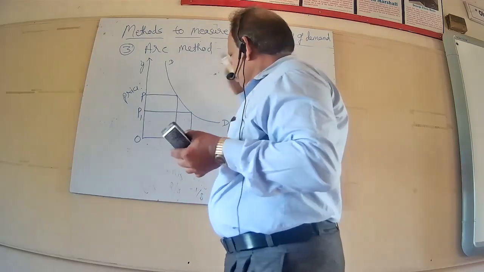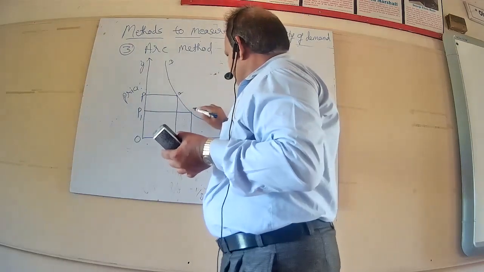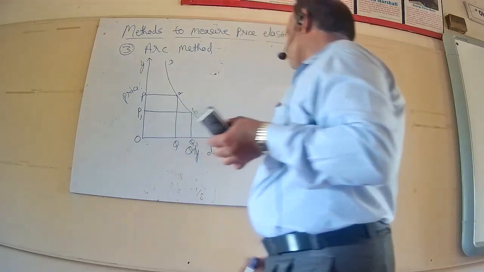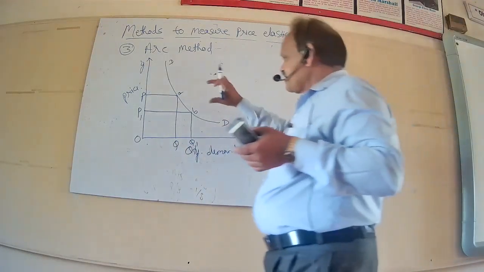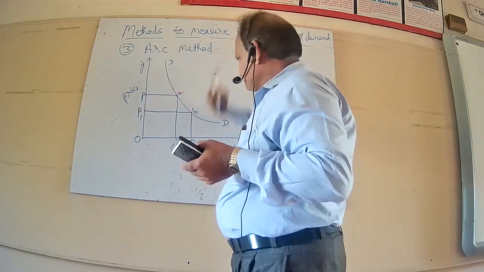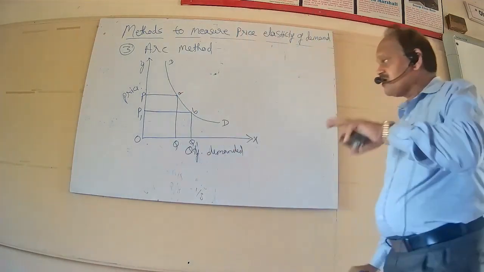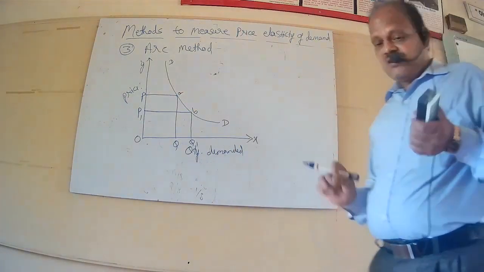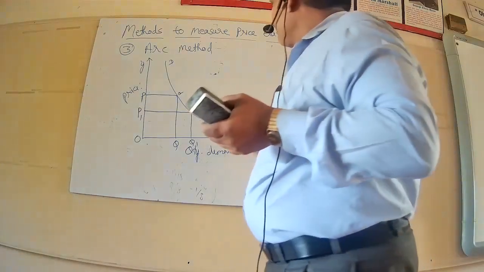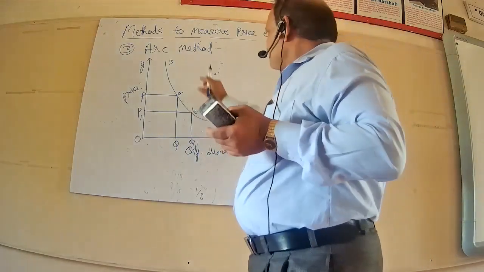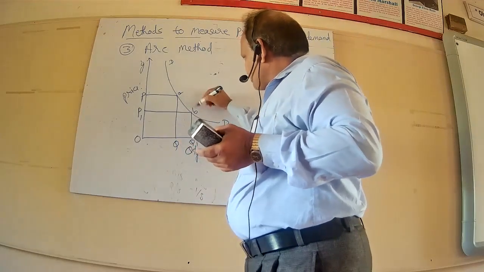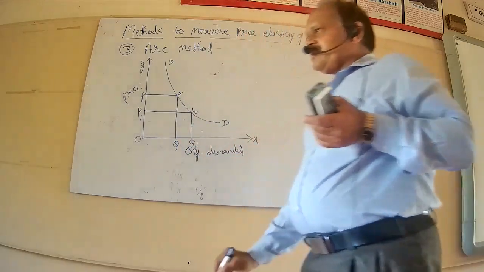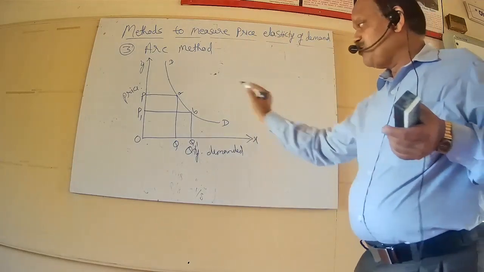So here you are having a portion on this particular demand curve. We call this portion an arc. AB portion is the arc on this curved demand curve. We'll find out the price elasticity of demand exactly at the midpoint of this arc, exactly at the midpoint of AB portion.